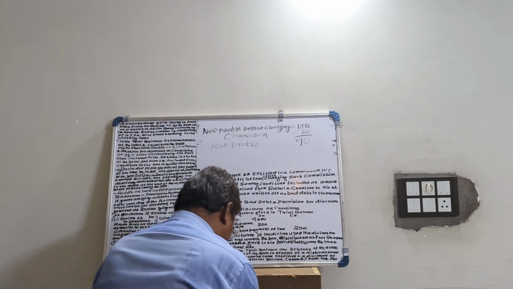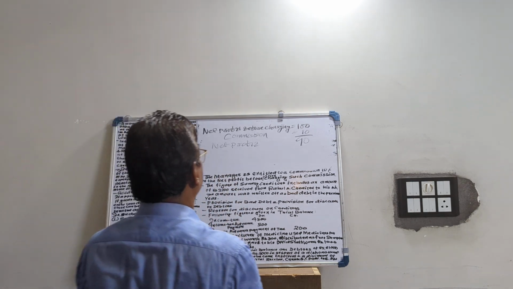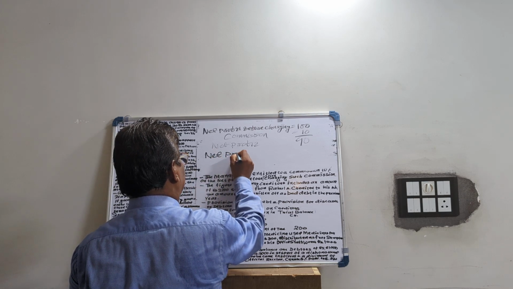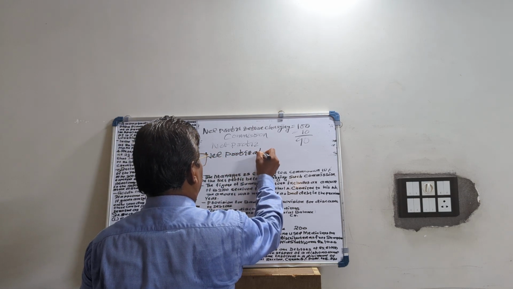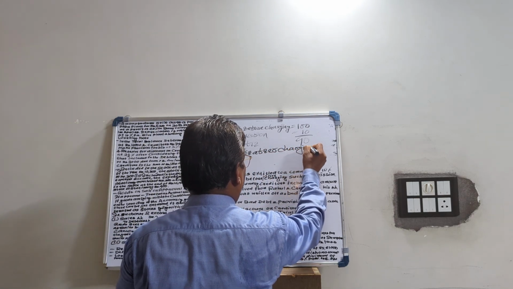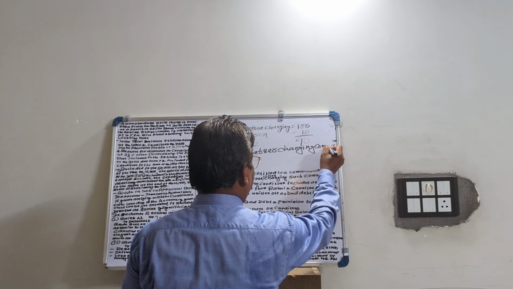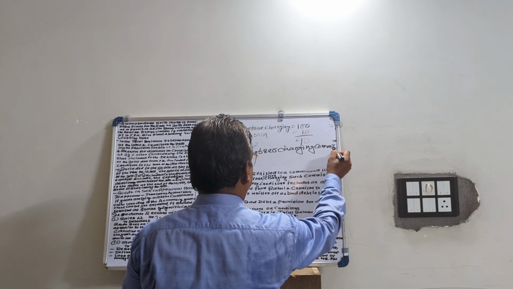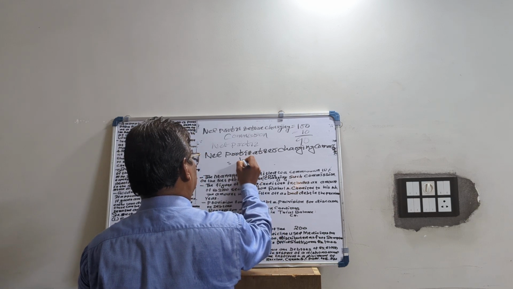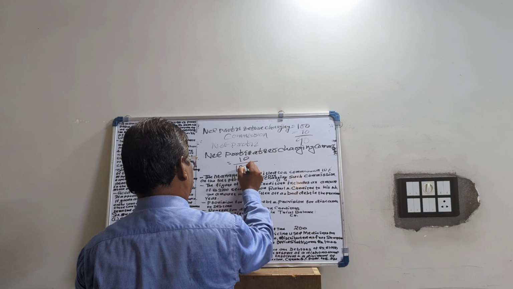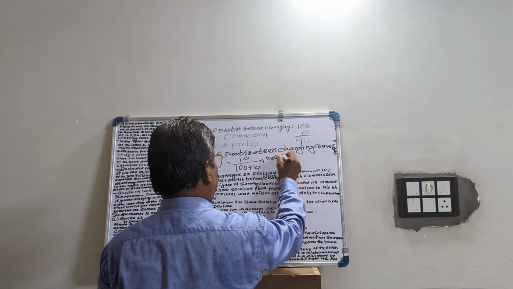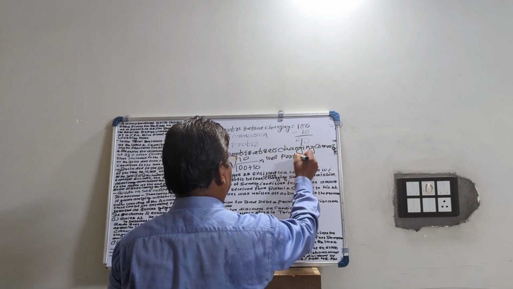Suppose in the question it is given that the commission is 10% of net profit after charging commission. Then commission payable will be calculated like this: percentage commission divided by 100 plus percentage commission, into net profit after charging commission.